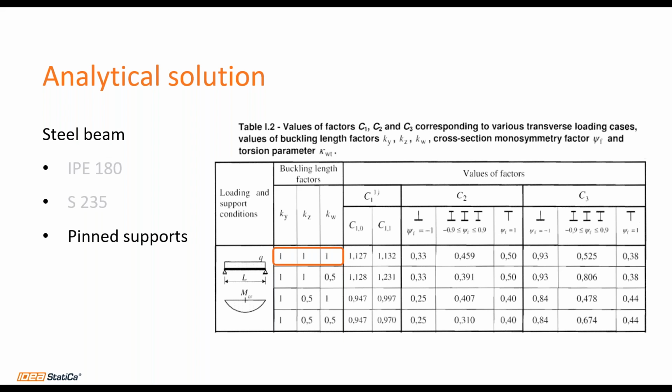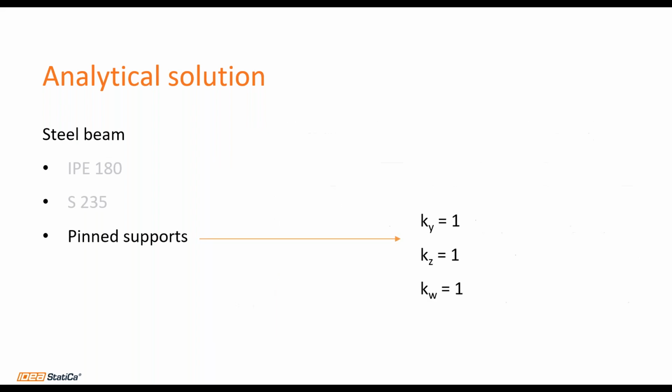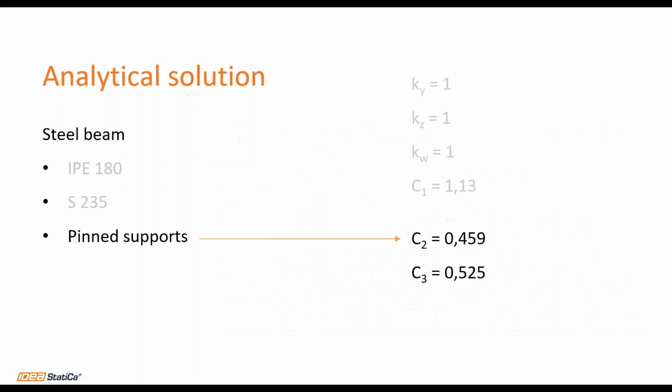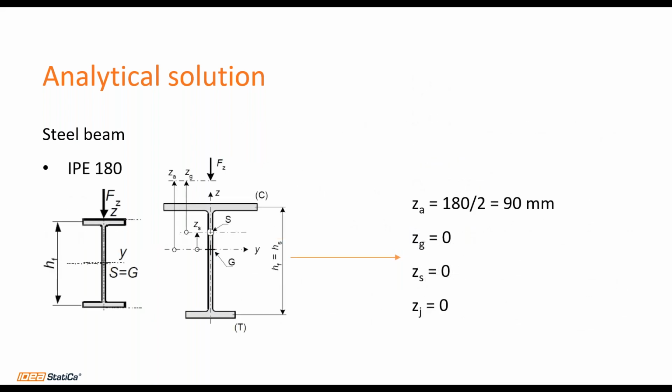So since this is a completely hinged or pinned beam, we've got 3 ones. As I said, simple scenario. So we can easily read all the necessary values from the tab. Also, we just check the center of gravity and other centers for the cross sections. This is very easy as well.